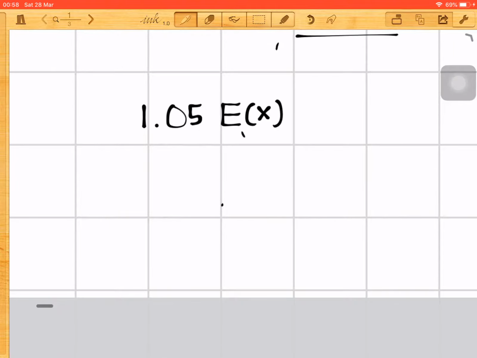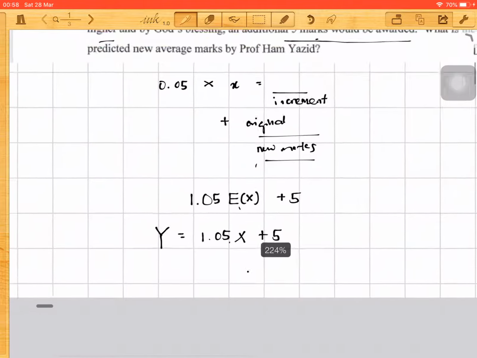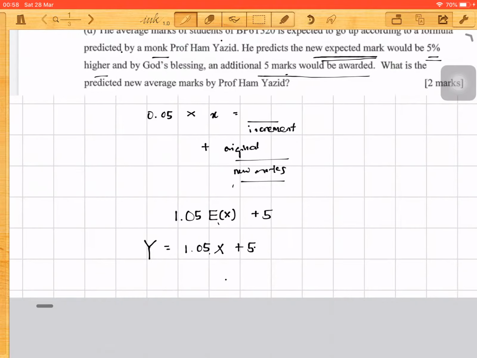So it's plus 5. In this case I will just write Y as 1.05 times X plus 5. Then they are asking for the predicted new average mark.